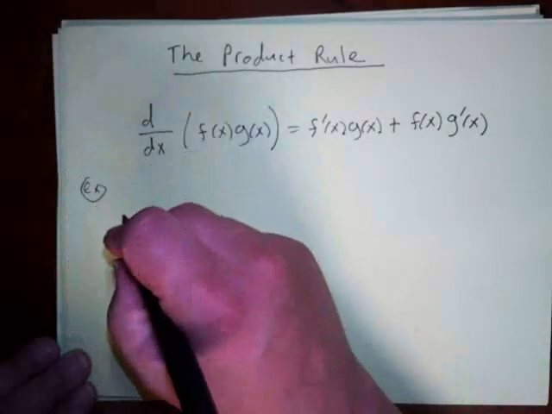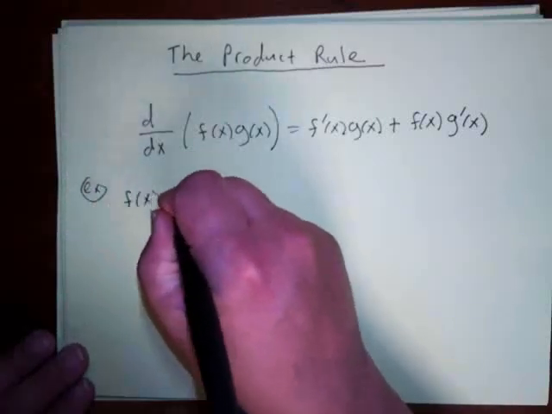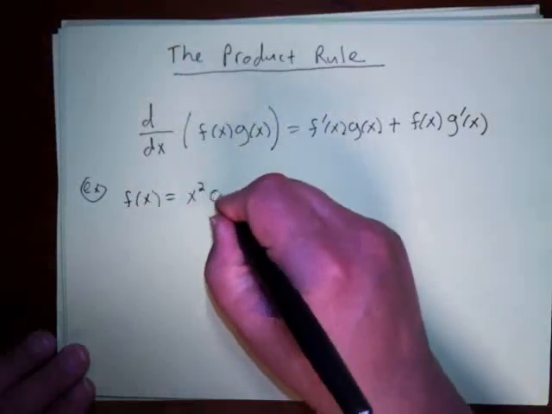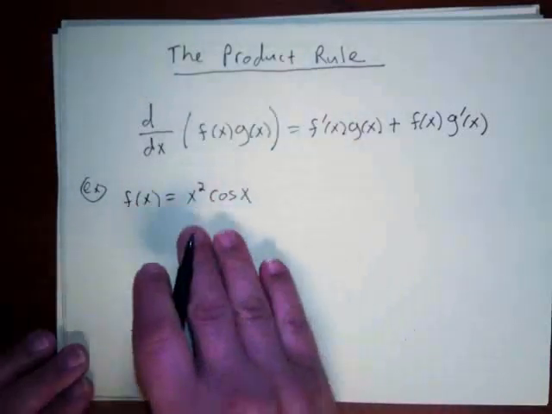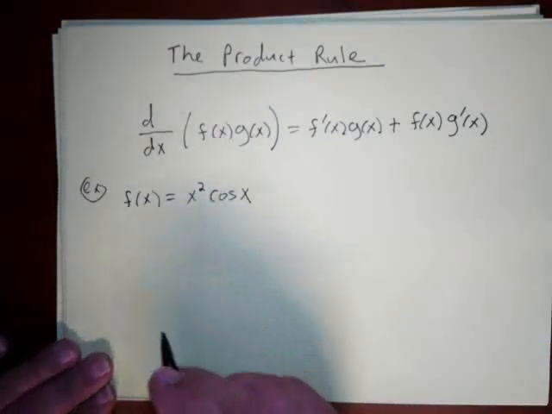So let's say I want to find, we can just say f of x is equal to, let's just say x squared times cosine of x. Okay, so this is the product of two functions, x squared and cosine of x.